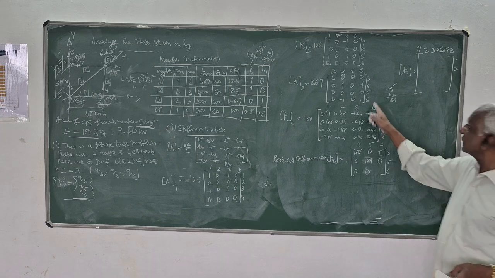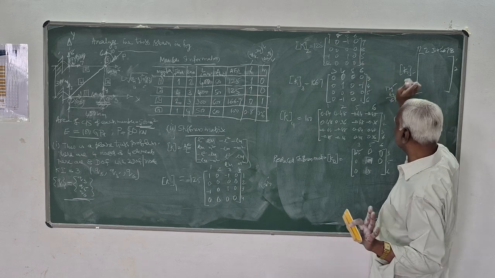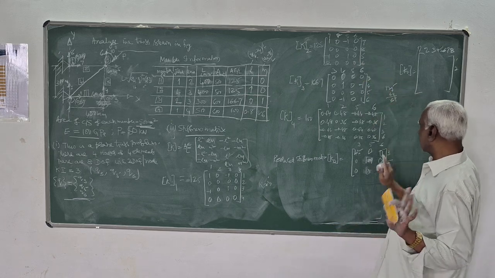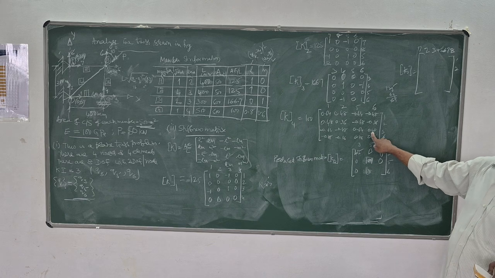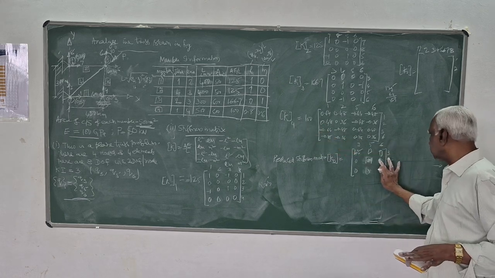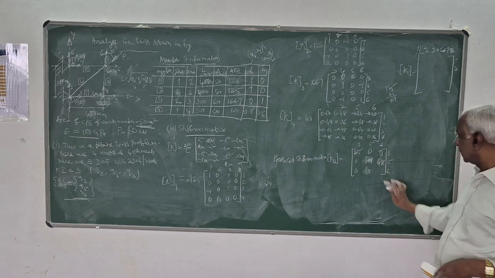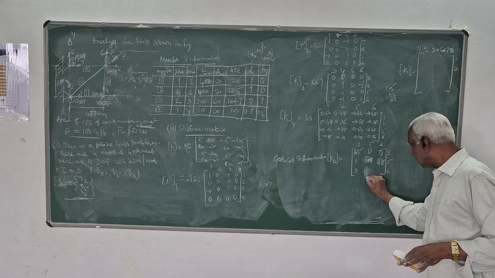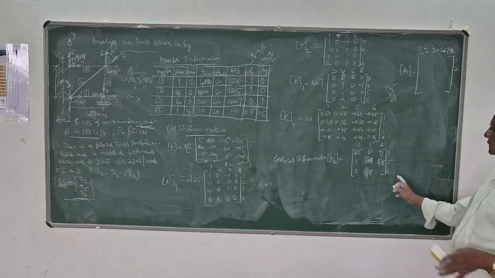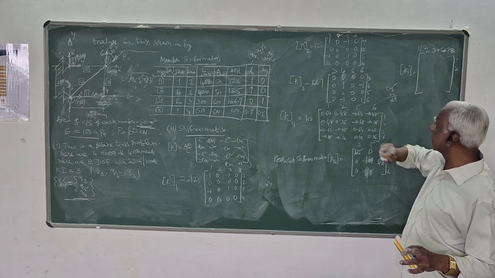Then 5, 6. 5, 6 is not here. 5, 6 is 0 here. Here you have 5, 6. 0.48 into 100. 48. 5, 6 is 48. Then this has to be 48. Then 6, 6. Don't have 6, 6, 0.